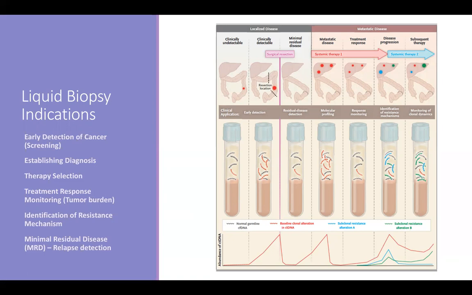In my practice, I use it all the time to measure MRD, to select therapy based on molecular information, or to explore resistant mechanism upon any progression. Sometimes I do it along with tissue biopsy, usually at diagnosis or at progression.